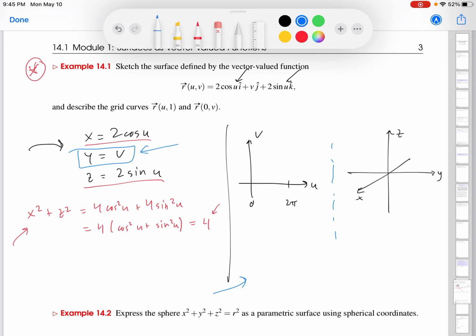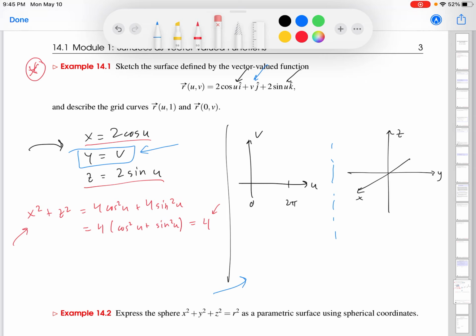V, on the other hand, appears as the y component. So there's no restriction on v. In principle, v can be as large as it wants or as small as it wants. So v can range all the way to infinity, all the way to negative infinity.